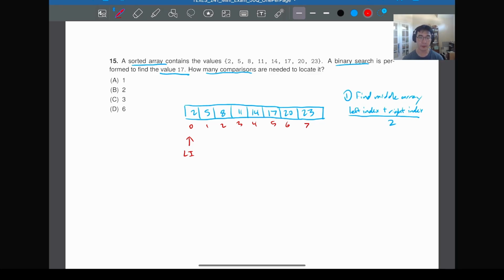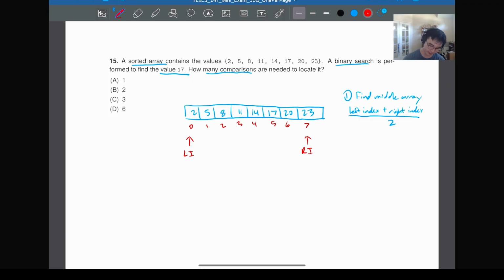And where would be my right index? Well, this would be my right index. Because my value is 17, the value I'm trying to look for could be anywhere in this array, from the first index, which is index 0, to the last index, which is index 7. So looking at that, we do left plus right divided by 2.